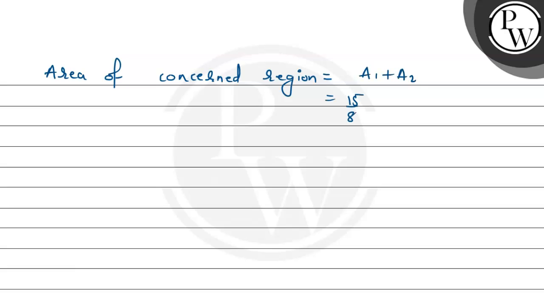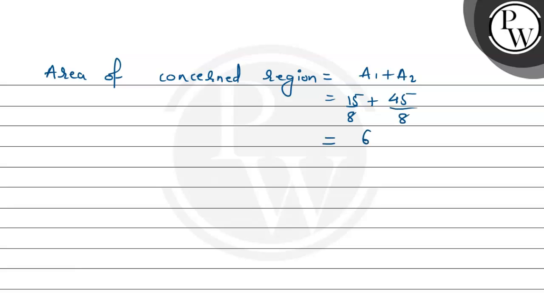And so finally, the area of the concerned region is A1 plus A2. A1 is 15 by 8 and A2 is 45 by 8.